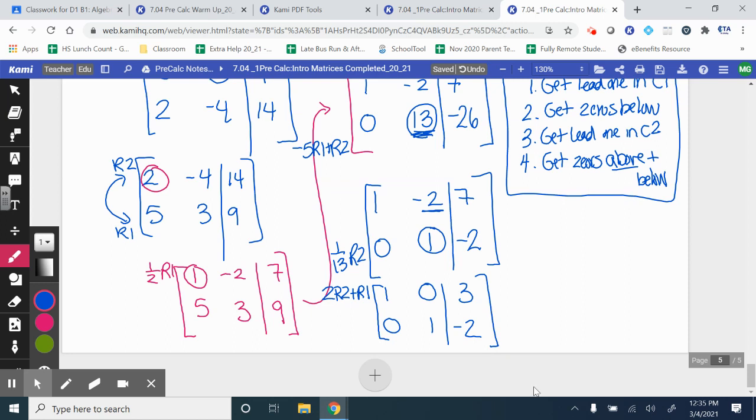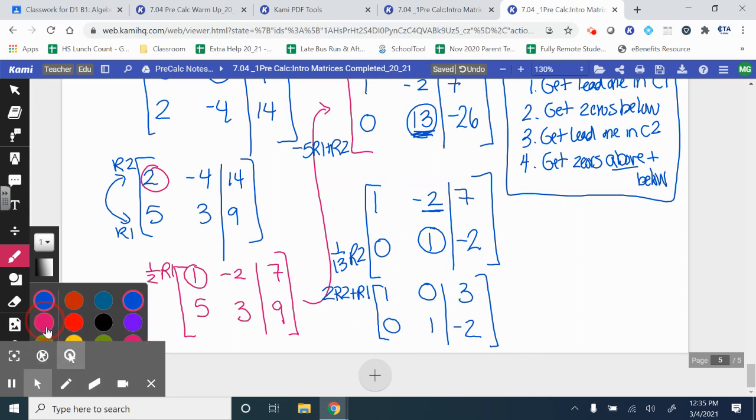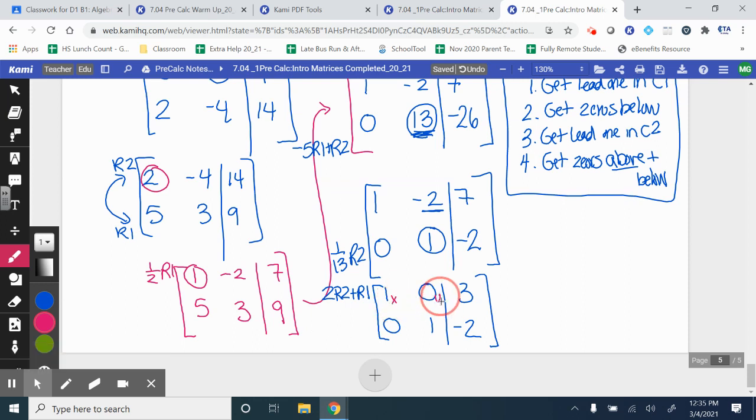So now I can say from here, this is like saying 1x plus 0y equals 3, and 0x plus 1y equals -2.